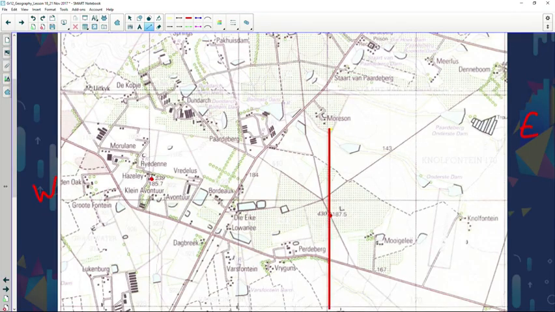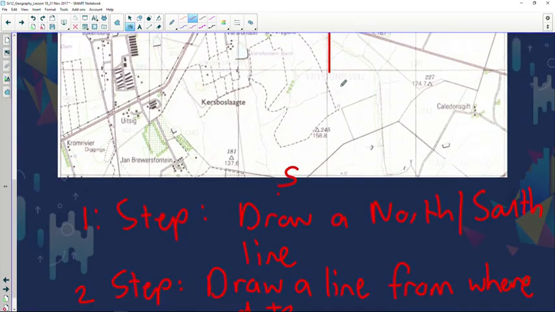Draw a north-south line. Draw a line from where to. Now it's much easier to determine your direction. There's north. There's south.